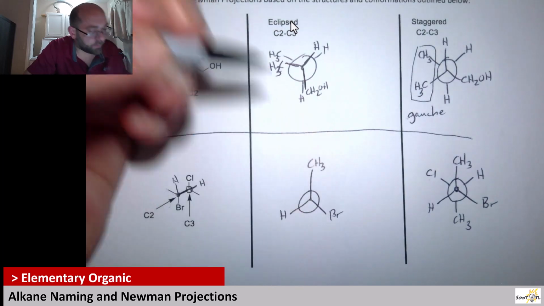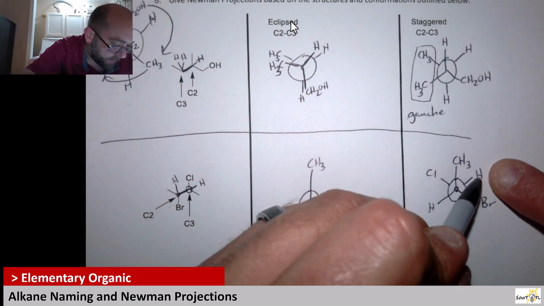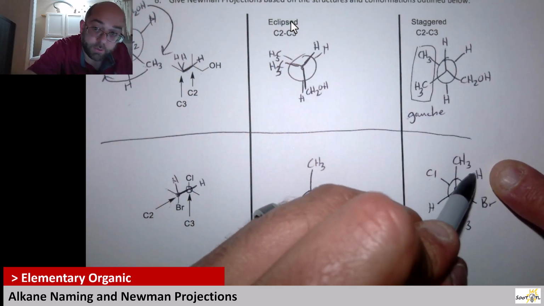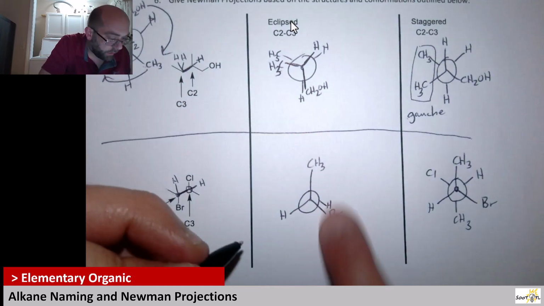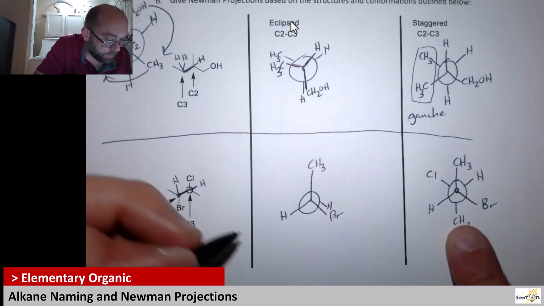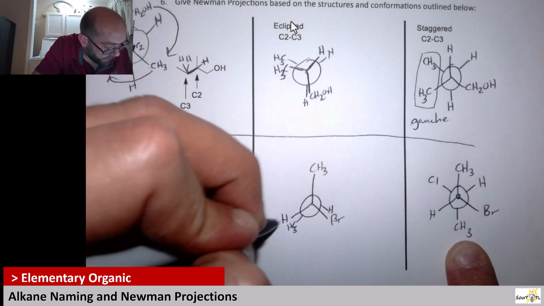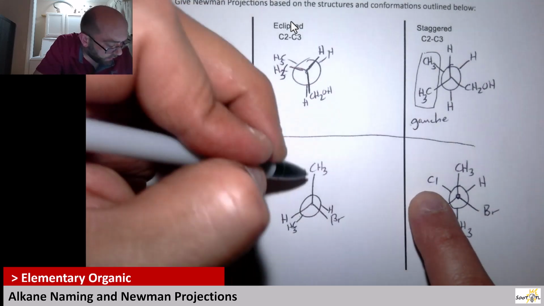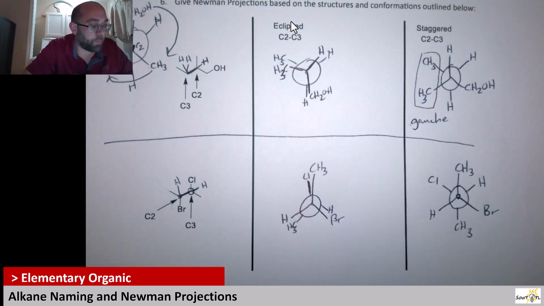Okay, my bromine looks a little frumpy, but what I'm going to do is rotate everything 60 degrees this way, right? So clockwise. So that means now the hydrogen is there, eclipsed with the bromine. This methyl is here, eclipsed with the front hydrogen, and then this chlorine is here, eclipsed with this front methyl group.